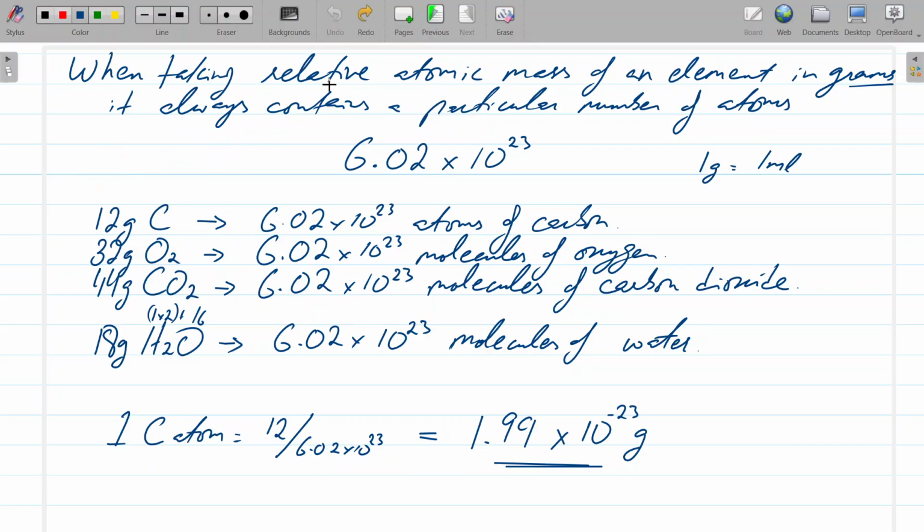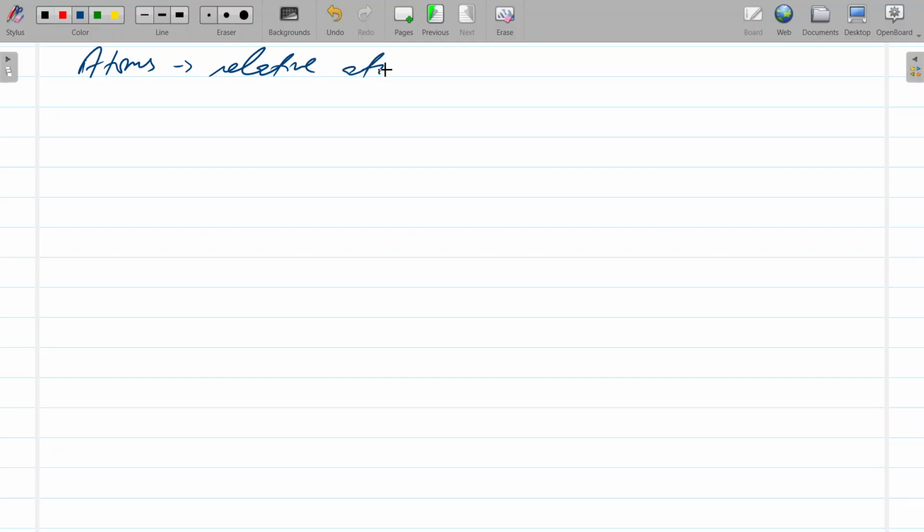In fact, let me go to the next page. So for atoms, its relative atomic mass. For molecules, its relative molecular mass.